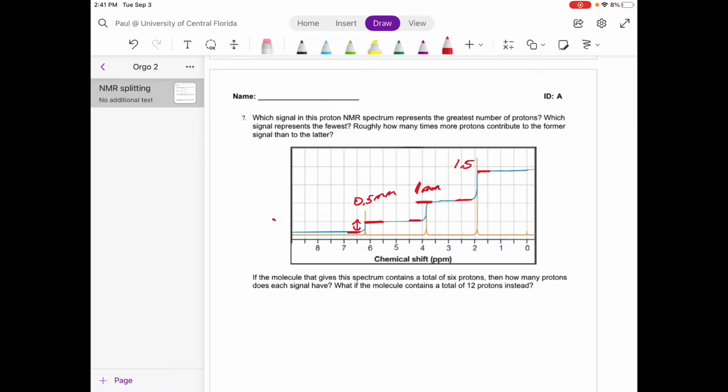You can't have half a proton, so we have to multiply those ratios. So 0.5 to 1 to 1.5, if you multiply that whole ratio by 2, we'll have 1 to 2 to 3. If you add those up, that equals 6 protons.